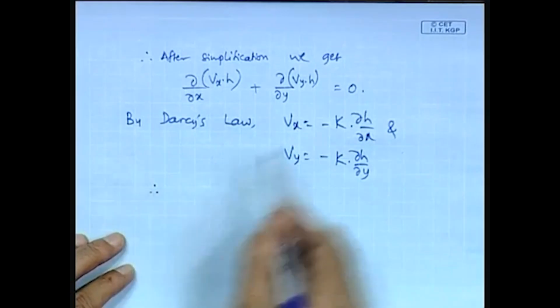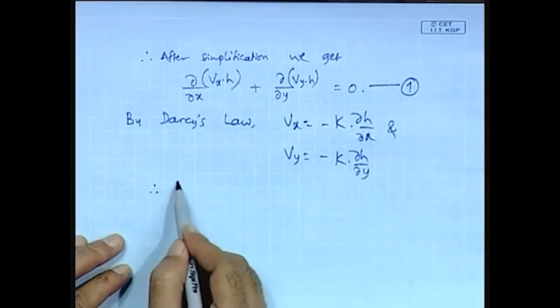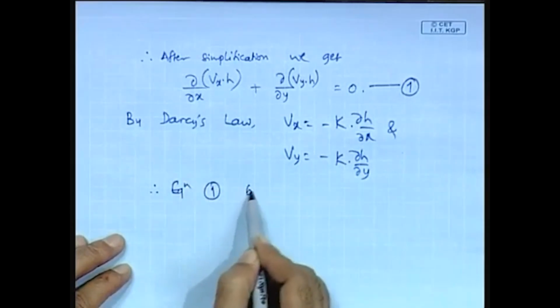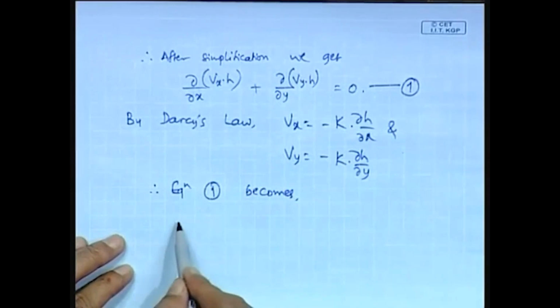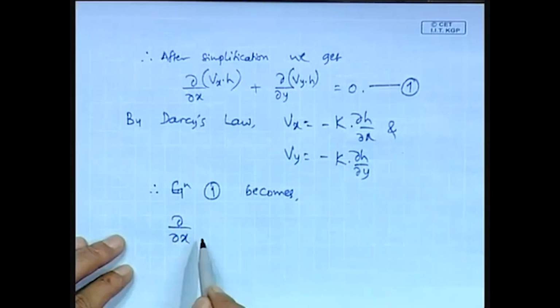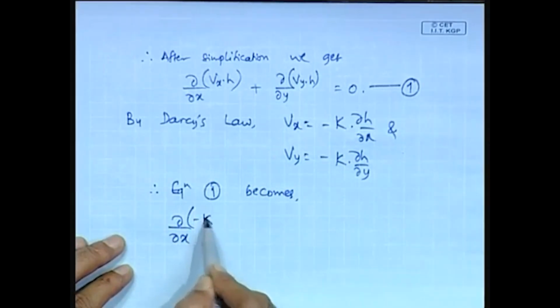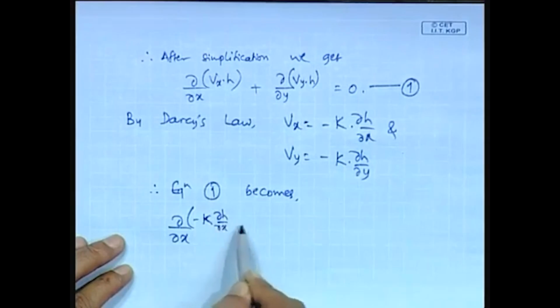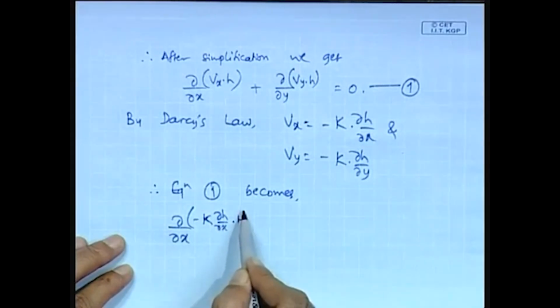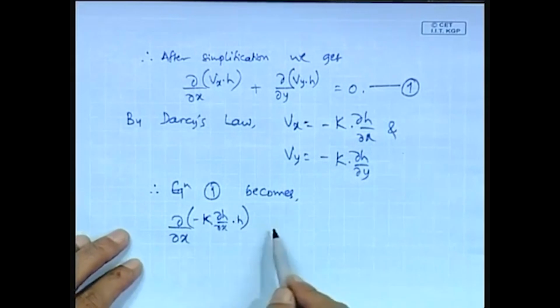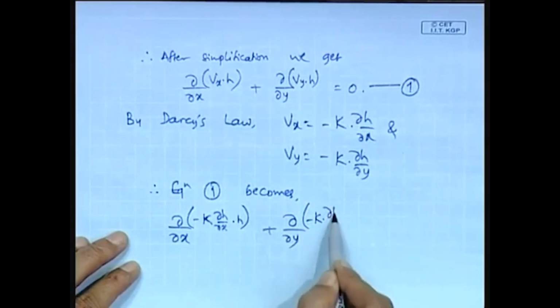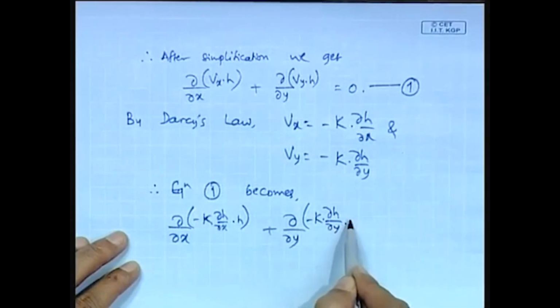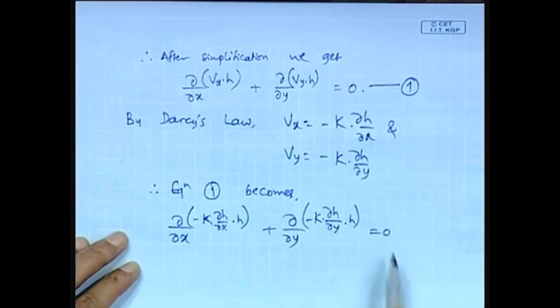Therefore, if I call this equation 1, this equation 1 becomes d by dx of minus k dh by dx into h plus d by dy of minus k into dh by dy into h, this is equal to 0.